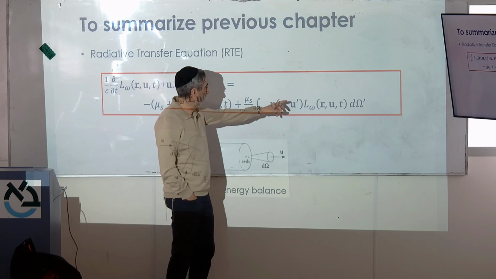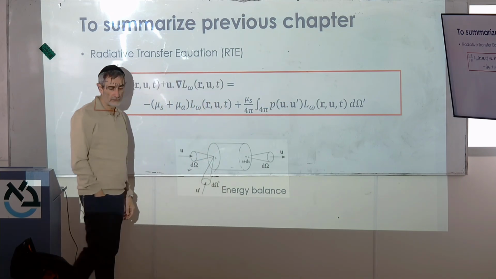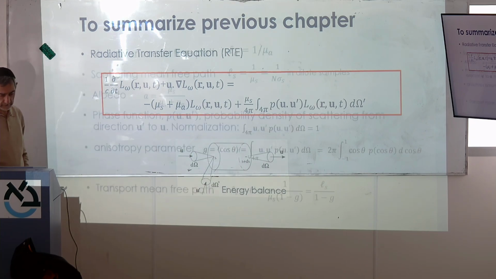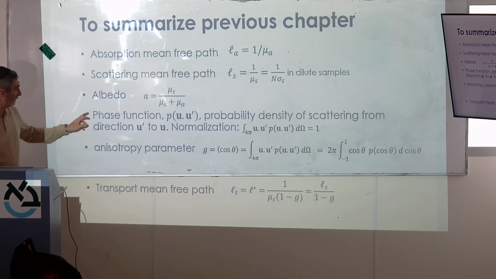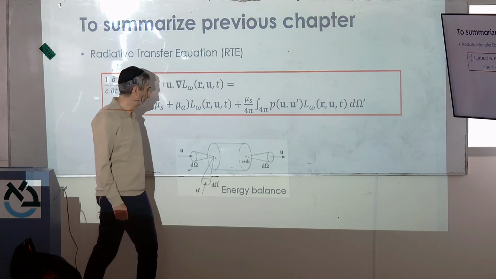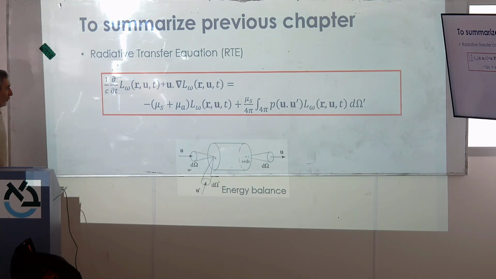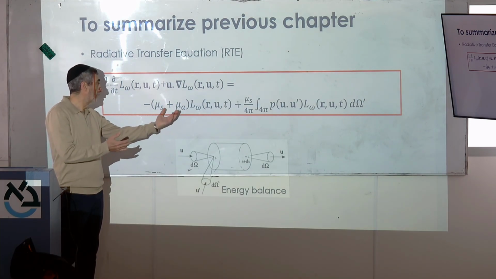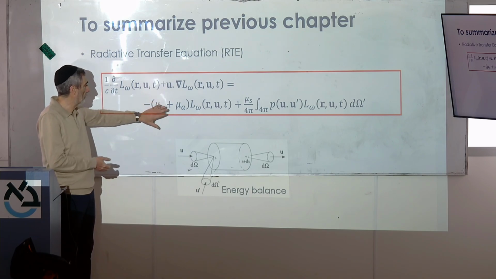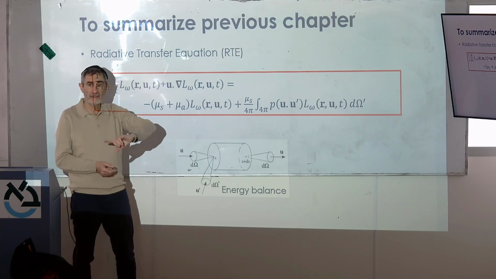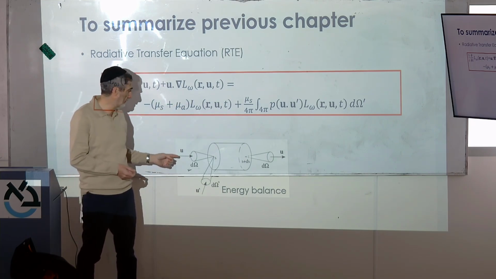And we have this term here, which includes P, this function that I mentioned before, the phase function P, which comes into the picture here. So you remember we said that there is a loss of luminance, of specific intensity, due to either absorption or scattering, but there is a gain because part of the light is scattered back into the same direction as the initial direction.